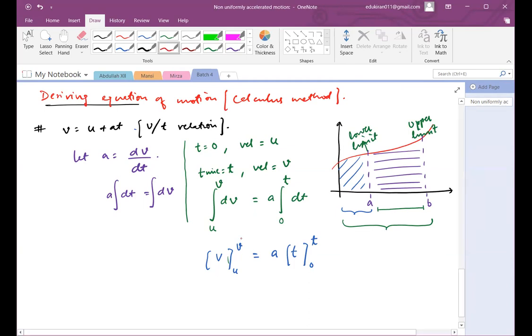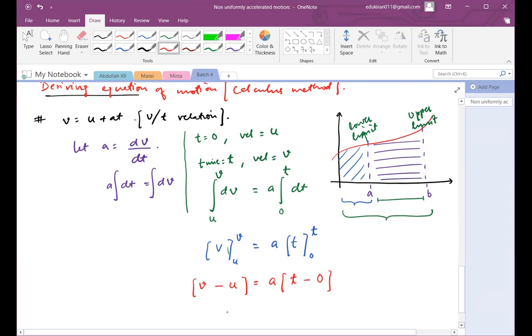So on integrating, put the value of the upper limit in this part, it will be v, and the lower limit in place of that, it will be u, and there will be subtraction between them, is equal to a, being constant. Put the value of t: upper limit t and lower limit 0, and there will be subtraction between them. So on simplifying, you will get v is equal to u plus a times t as the first equation. Is it clear?